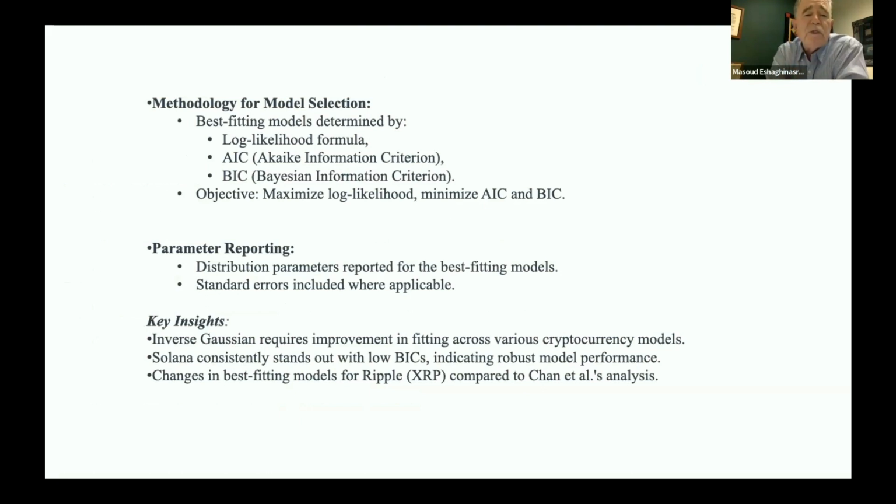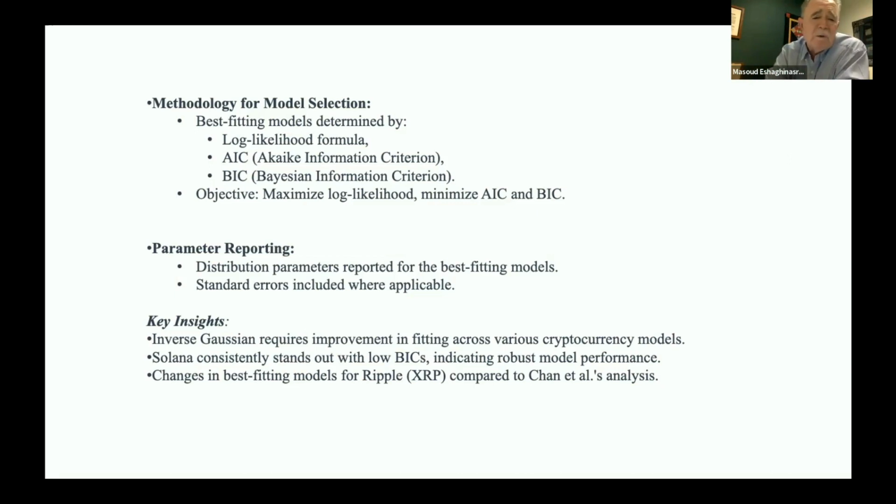For that, I use the log likelihood formula, AIC, the Akaike information criterion, and BIC. Maximum log likelihood is better, and minimum AIC and BIC. And after that, back to the parameter reporting and check that. And after that, compare those numbers and find the best distribution for any coin.